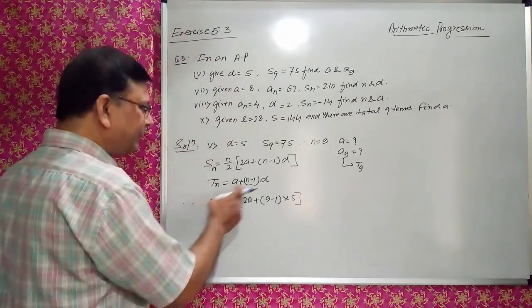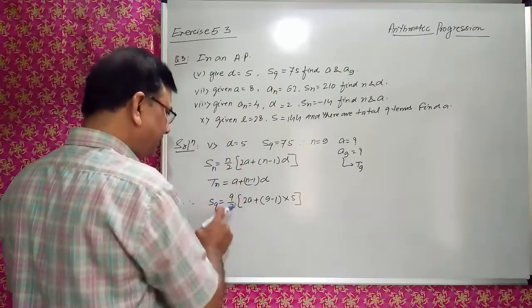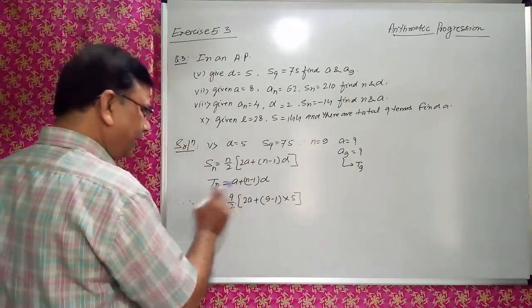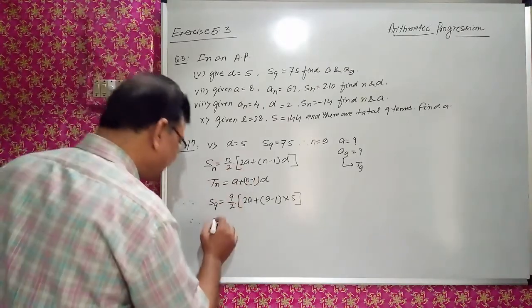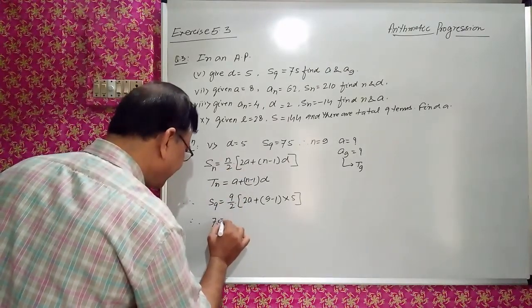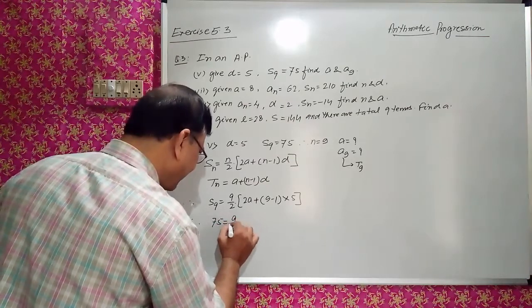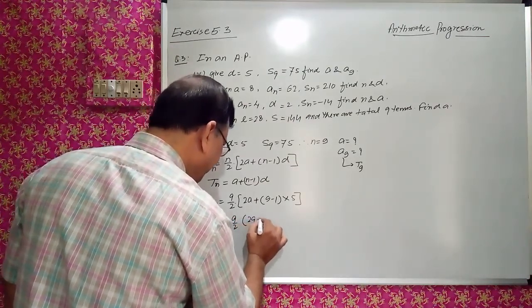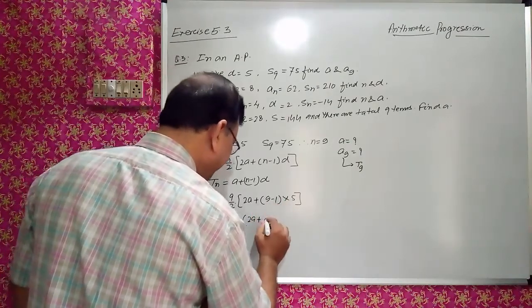So n is given and d is given, S9 is given, we have to find a. So what is S9? S9 is 75. So 75 is equal to 9 by 2, right? That is 2a plus 8 fives are 40.